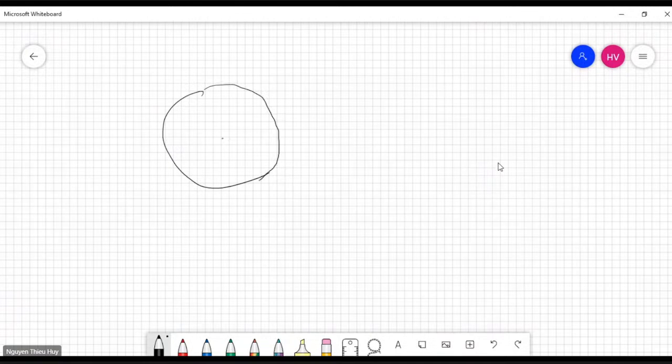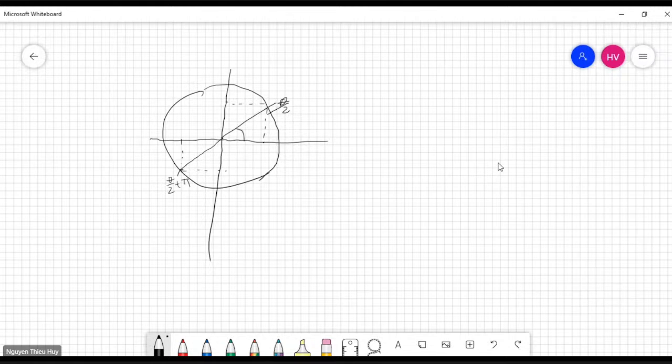So you have the angle theta half, for example, and then you have theta half plus pi. Then the sines are opposite to each other, and the cosines are opposite to each other, because this is pi. They lie on the same line, but in the opposite direction, no?